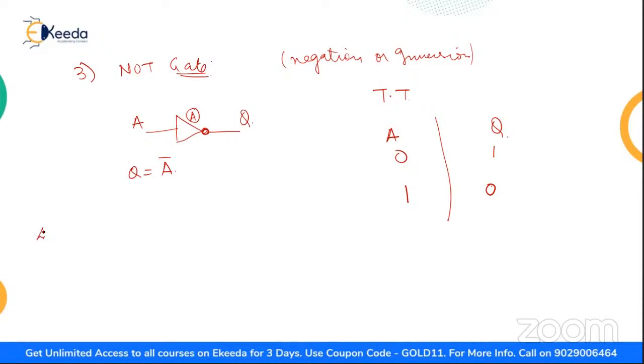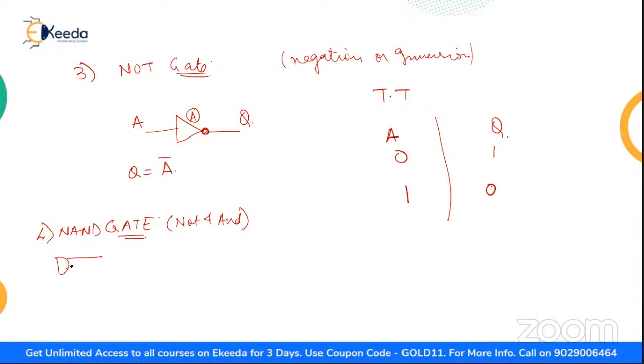Fourth one will be the NAND gate. What will be the NAND gate? It is a combination of NOT and AND.